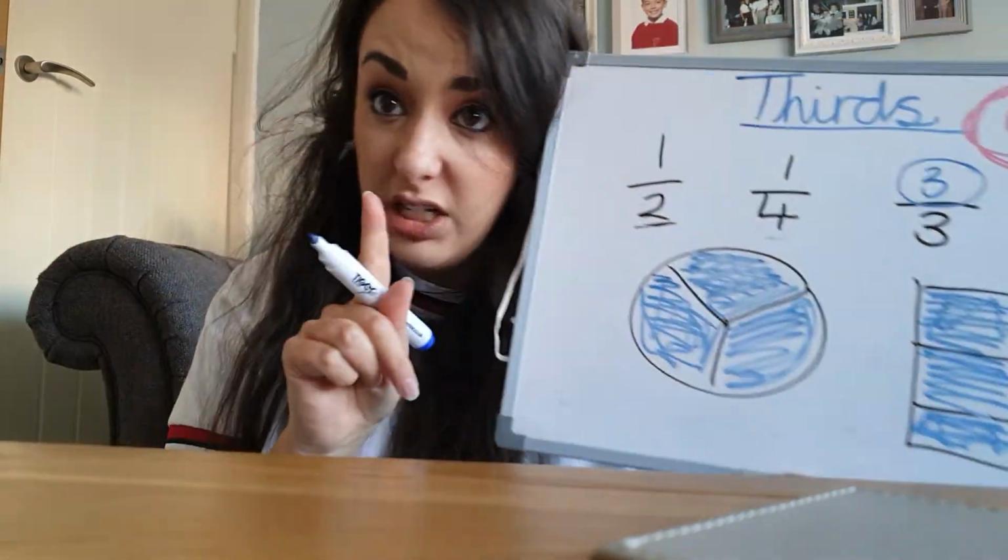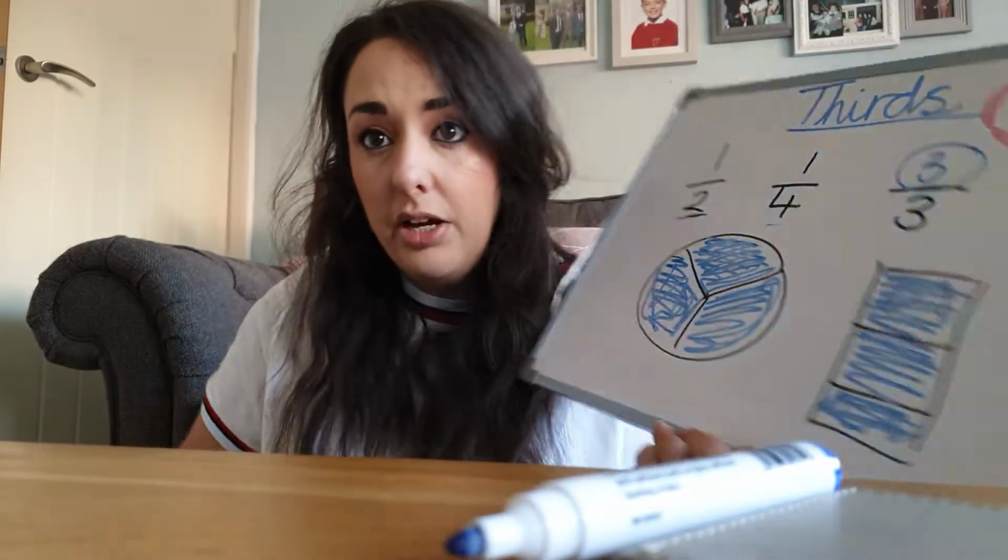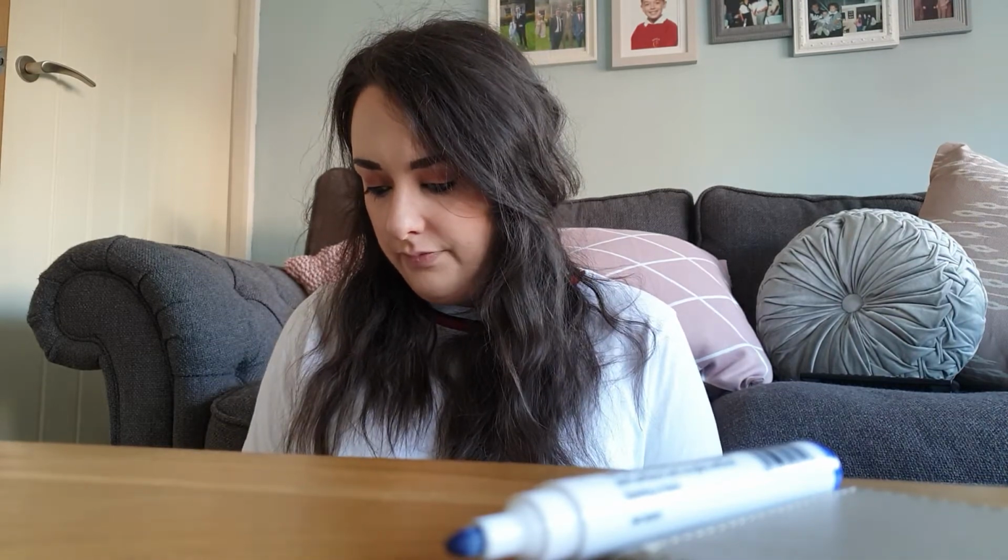So now I'm going to give you a little challenge. I'm going to draw 3 squares on my whiteboard, and I'm going to split them in 3 different ways, and you're going to tell me which one is split into thirds. Okay, so I'm going to put numbers at the top. 1, 2, 3.